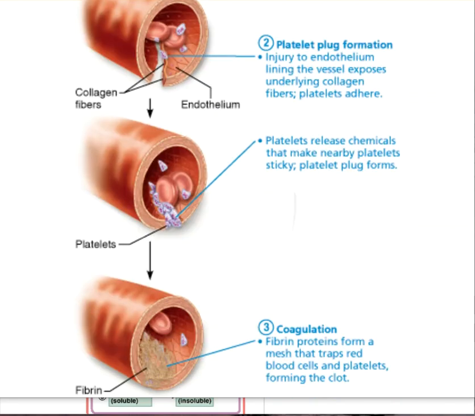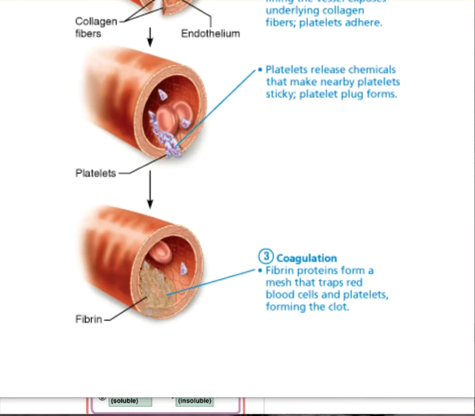Okay. However, this is good, but it's not perfect. We need to completely close up this area so we can repair this underlying wall and then get things back to normal. So one way I think about this is the platelets are kind of like sandbags. If you have a river that's overflowing and you put sandbags down, the sandbags do a really good job of not allowing water to go through them.